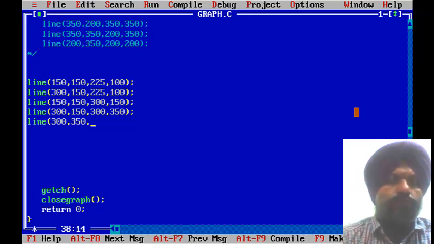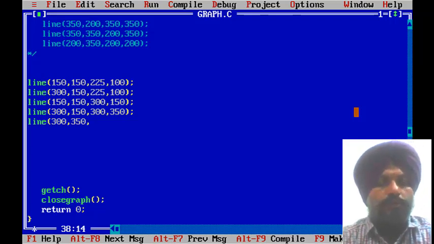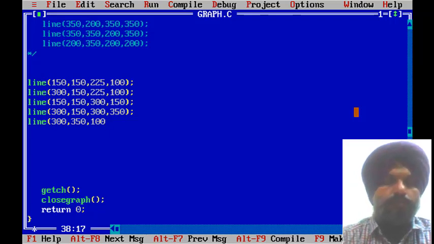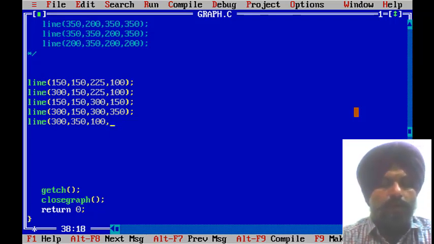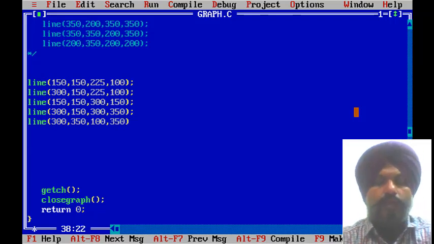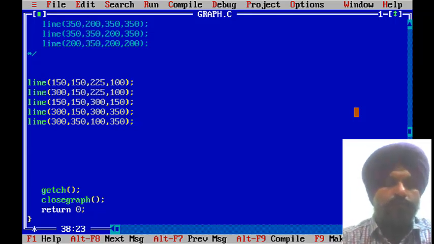There is a difference of 200 between these. So it means we have to decrease the x-axis value by 200 and take the y2 value as the same. So you will see we have drawn the hut.